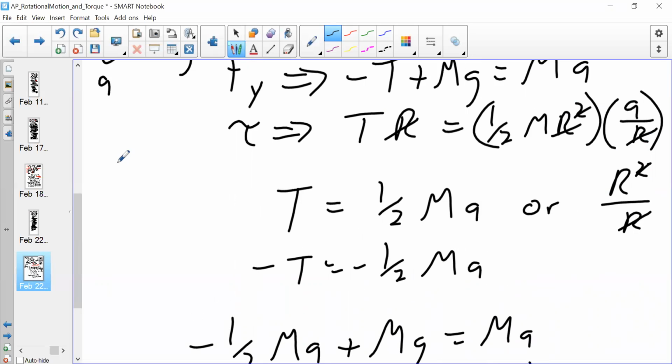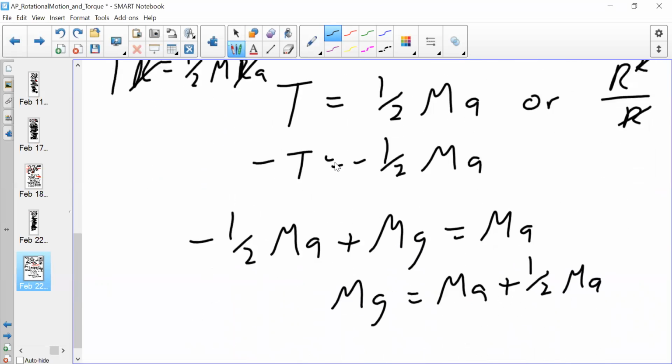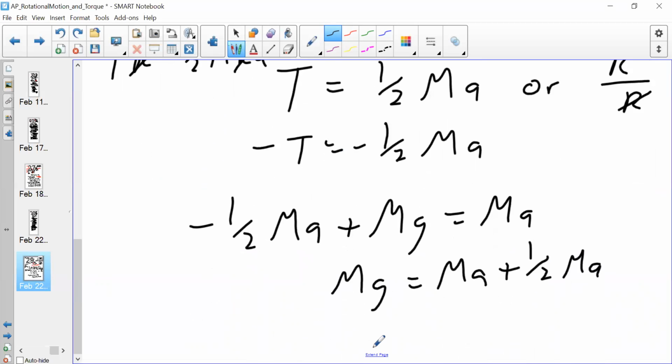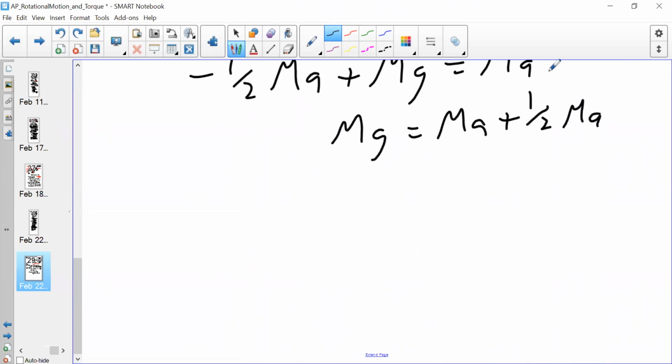Because now we get to the other r, it's going to be tr equals 1/2 mass times r, because this r is left over. So r occurs on both sides, so you get rid of it, and the a is just left.